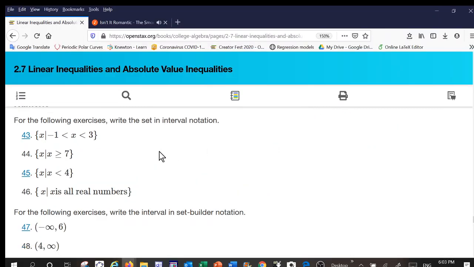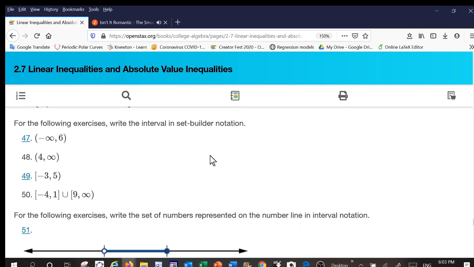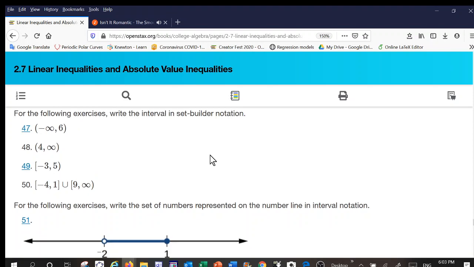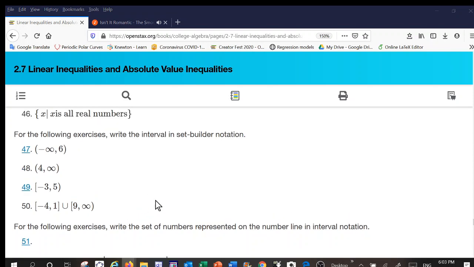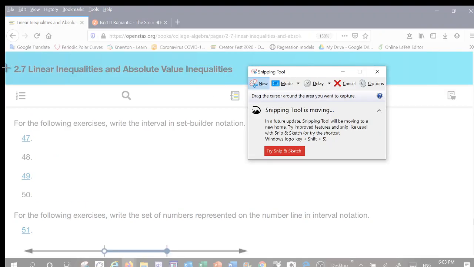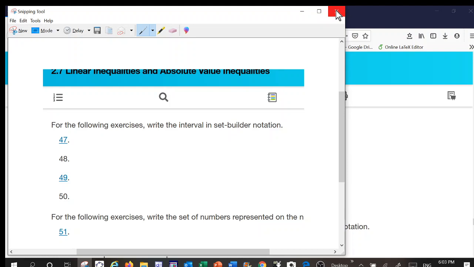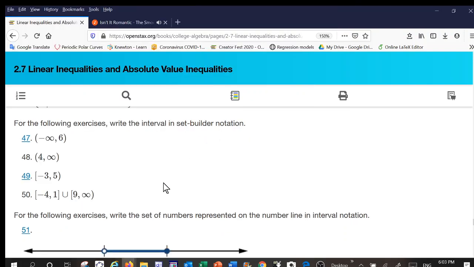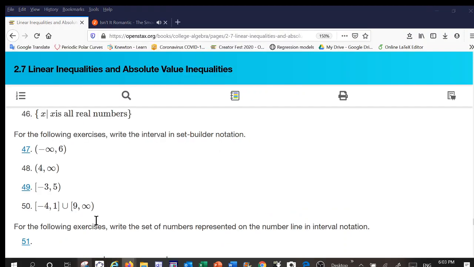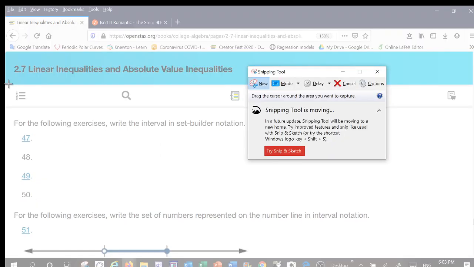Now for the next set of exercises, it says write the interval in set builder notation. So we're going to write them in set builder notation. Oops, what happened with my screen? Oh, here we go. I lost it for a second.